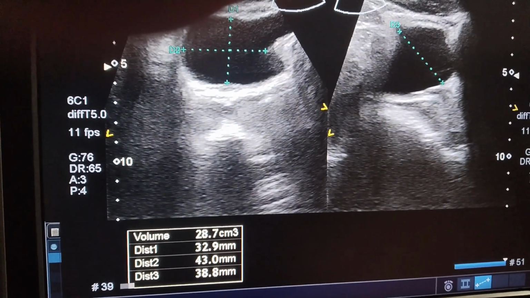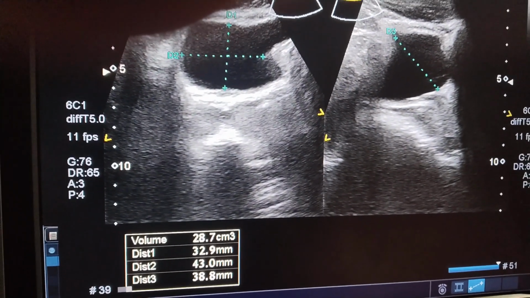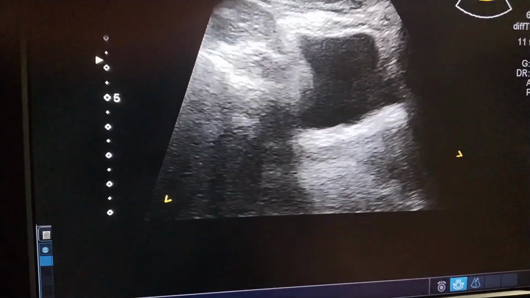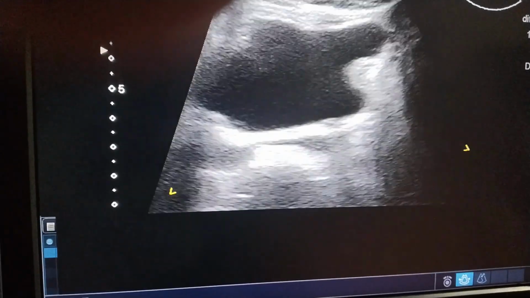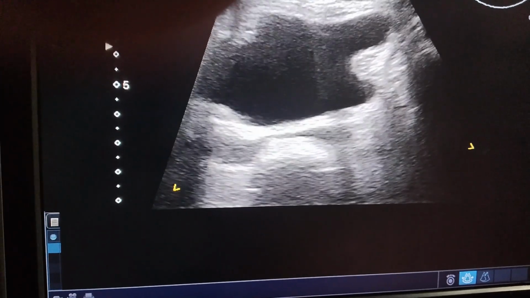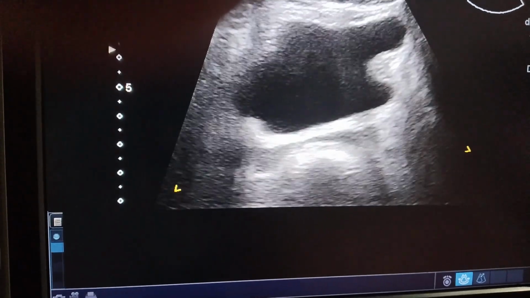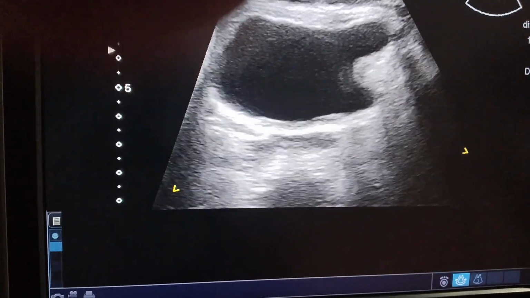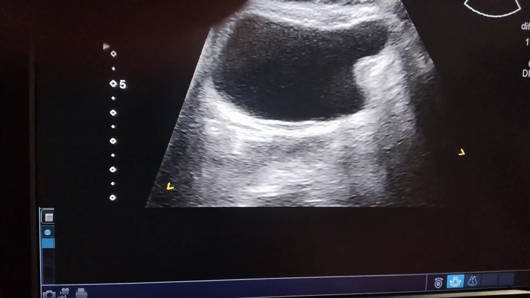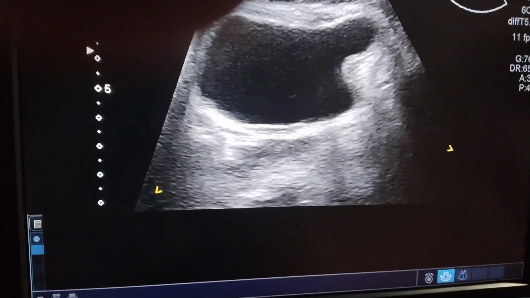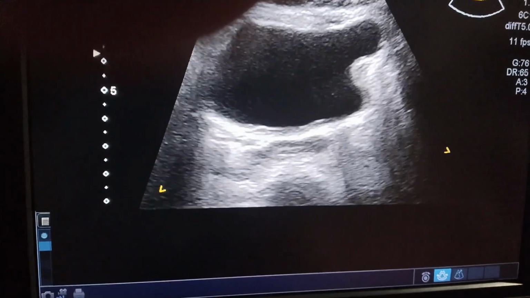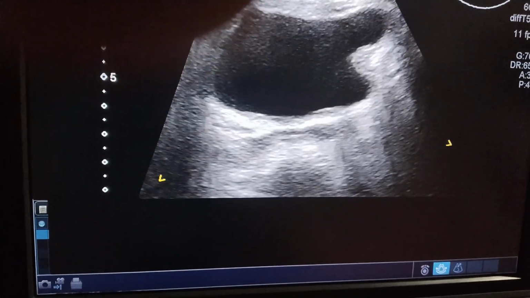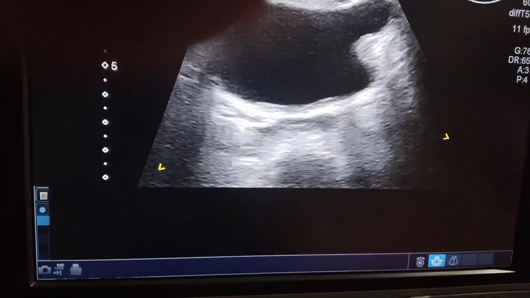Less than 50 milliliters is considered normal in a young adult, and in the old, the urologist can better tell us, I think it is less than 70 milliliters. So this patient has 28 milliliters after voiding.